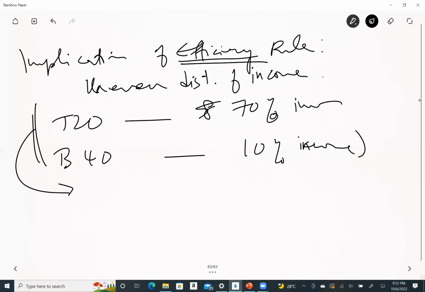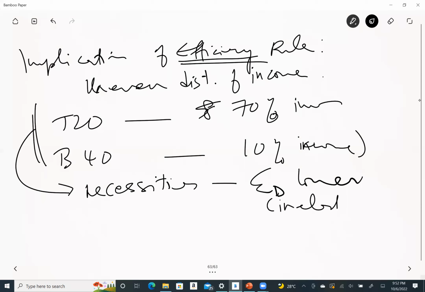Rice. Okay, the goods that are necessities. Many goods are necessities, and their demand is very low in elasticity, inelastic. Necessities meaning basic needs.